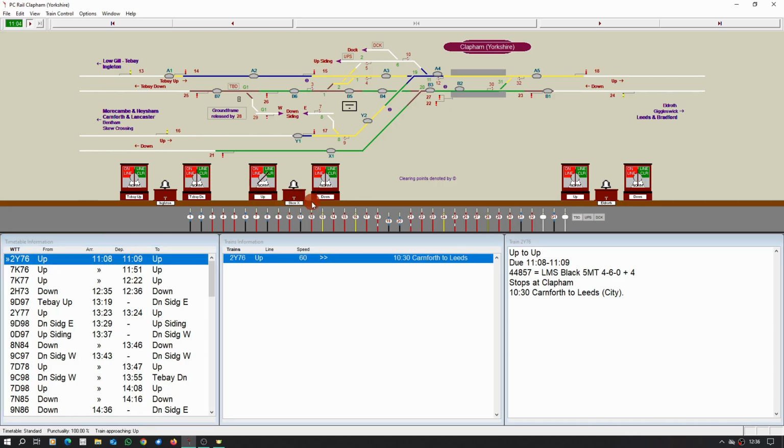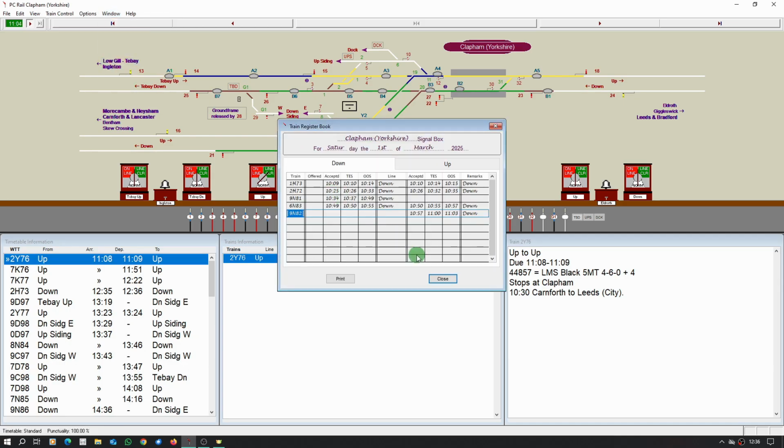Yes. And that's it. Of course, one thing I never mention much at all is the train register book. This is what you would fill in manually, and that's today's date. This video was made 1st of March, so we've got 2 pages up and down, and that's all filled in for us.